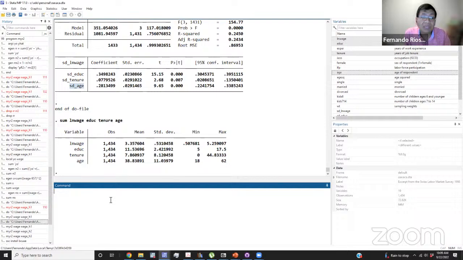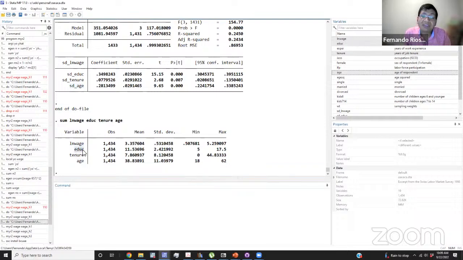So, for example, when I say what happens when there is a one standard deviation of education, what I'm really saying is what happens if, on average, a person increases their level of education by 2.4 years. Or in terms of age, what happens if a person becomes 11.03 years older? What's the impact on their wages? And now it makes sense why we have these relatively large changes in the coefficients when we try to interpret it on the impact of our dependent variable.